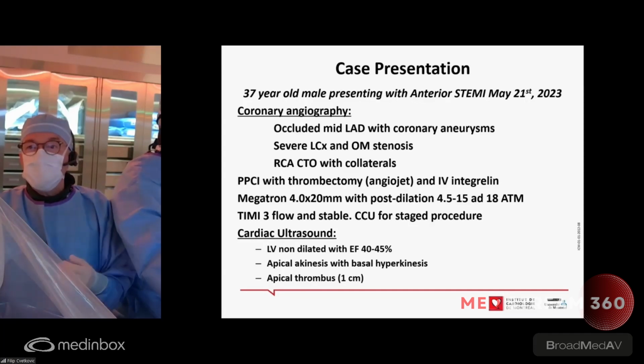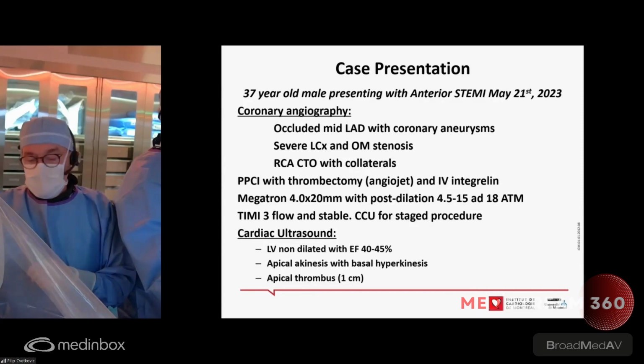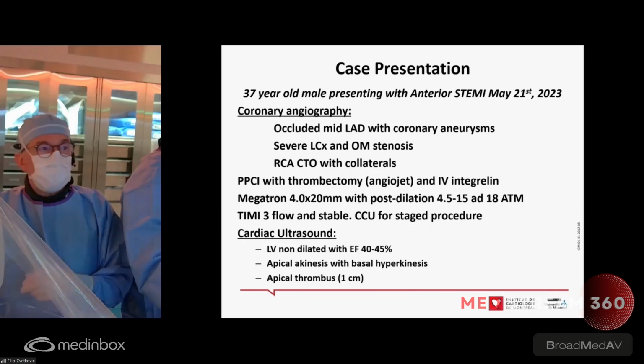Successful PCI reopened the vessel, patient's ST went down, less chest pain, but had potential thrombus in the apex. That was confirmed by the ultrasound the following day. Ejection fraction was 40 to 45%, and it was about 1 centimeter of apical thrombus. That will be important in the discussion about anticoagulation versus antiplatelet agent.